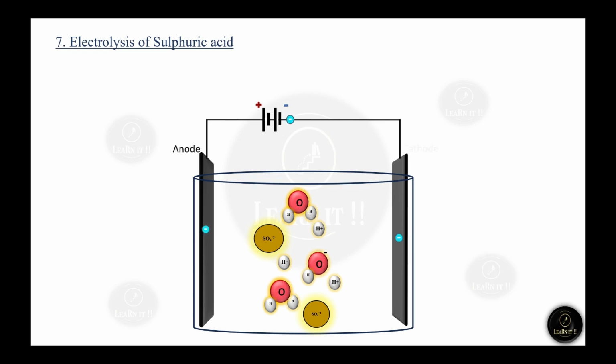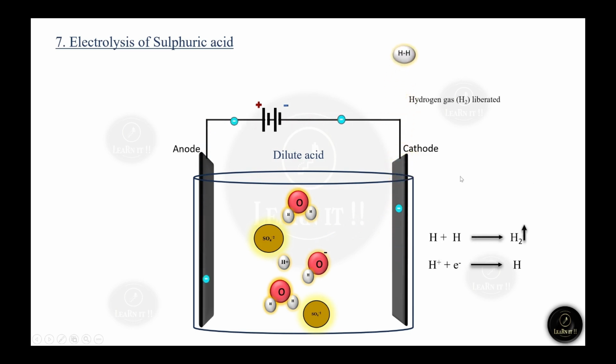So at the cathode, if we take dilute acid, H⁺ ions get reduced into hydrogen atoms. Two hydrogen atoms combine to form hydrogen gas. So hydrogen gas is liberated at the cathode.